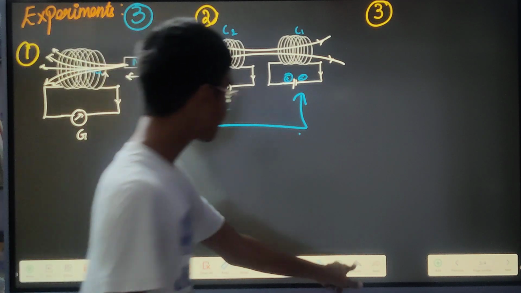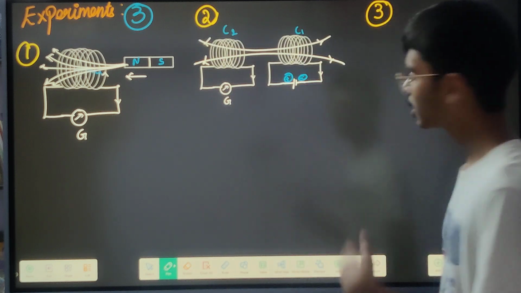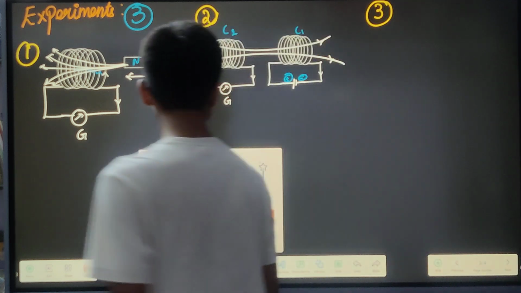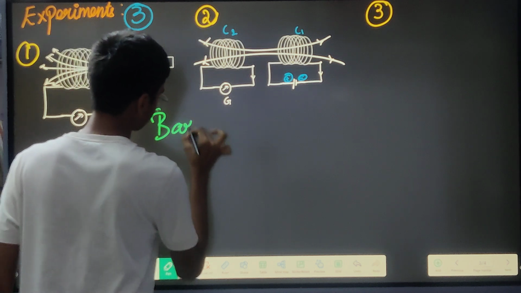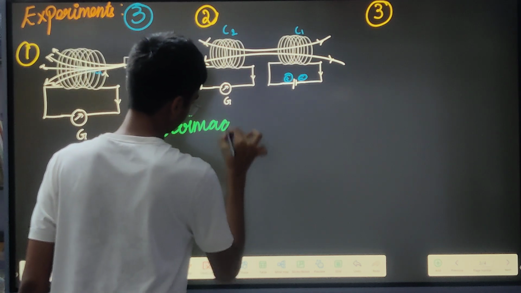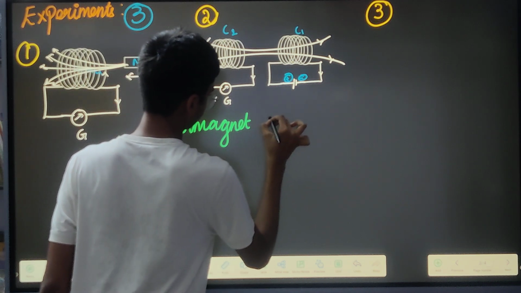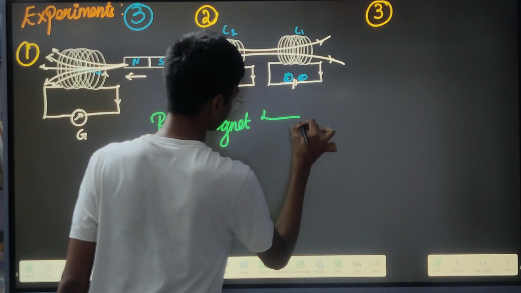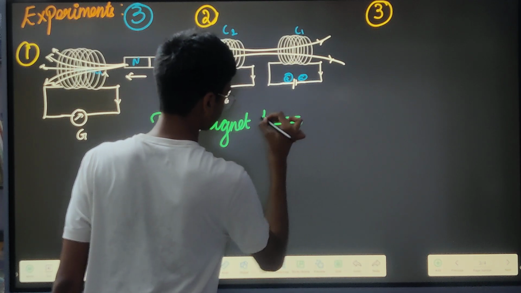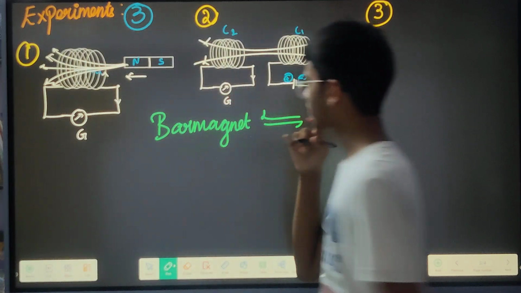I already said this in the previous lessons, we have even discussed it. But I will just write it. So that is bar magnet and then coil.